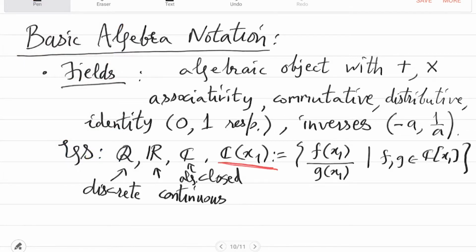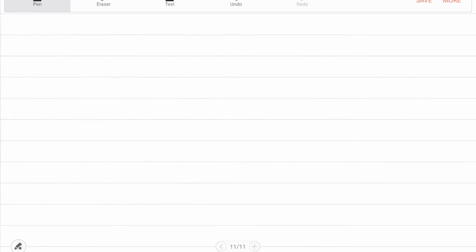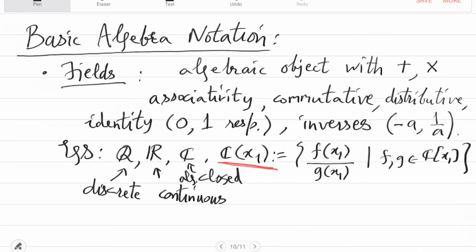So next we will continue with the examples you have seen here. What is the characteristic of these fields? These four examples, zero, right?